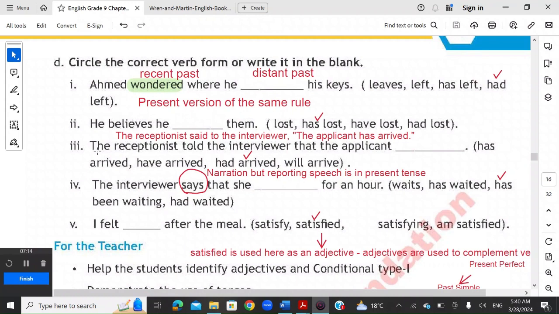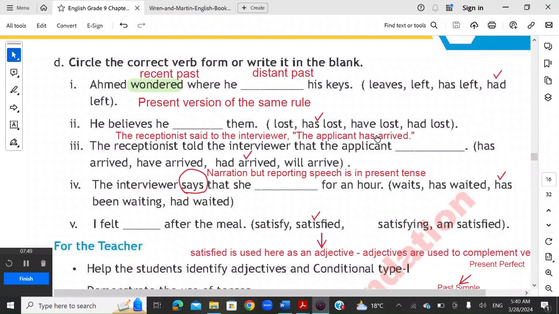The third one is: the receptionist told the interviewer that the applicant dash arrived. The options are has arrived, have arrived, had arrived, will arrive. Firstly, look here, this is indirect narration. Those who are 10th graders must know the concept of direct and indirect narration. Basically, in direct narration it is: the receptionist said to the interviewer, the applicant has arrived.